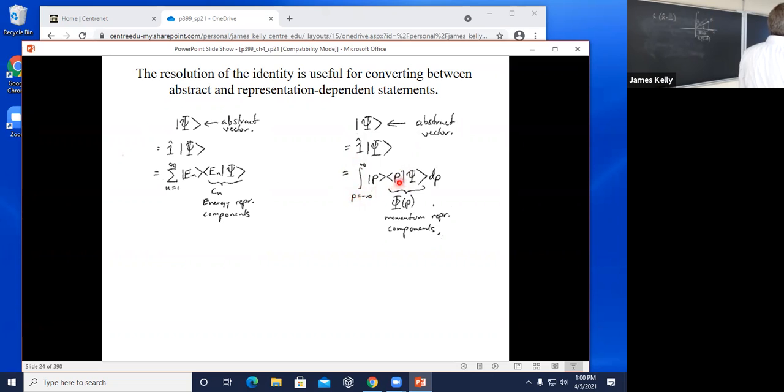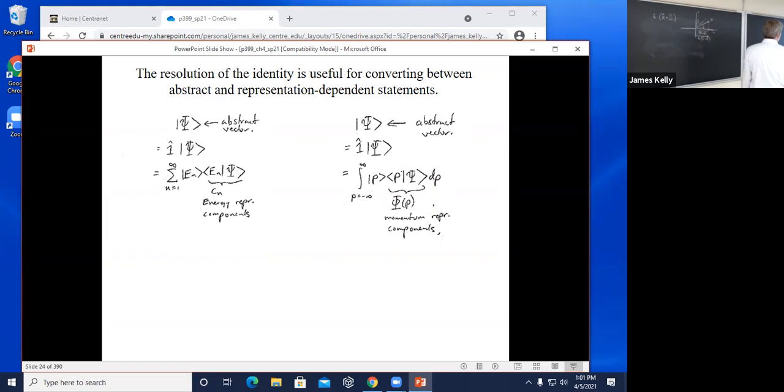When we expand a state in terms of momentum Dirac orthonormalized basis vectors, the expansion coefficients we usually call the momentum space wave function, which is the momentum space components. So that's telling me directly how to compute it without having to do any tricks or anything like that.